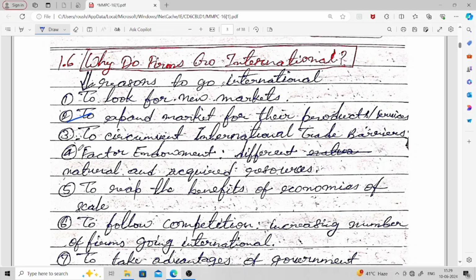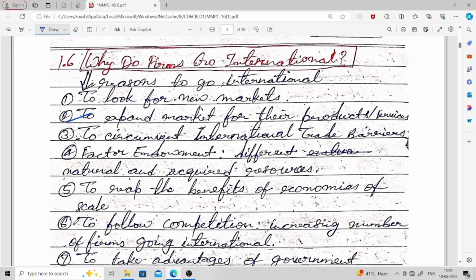For example, if a company tries to manufacture something and the resources required are not available cheaply in that country, then that company will try to move to the country where the resources required for manufacturing that product are cheaper. That's why factor endowment is given here.